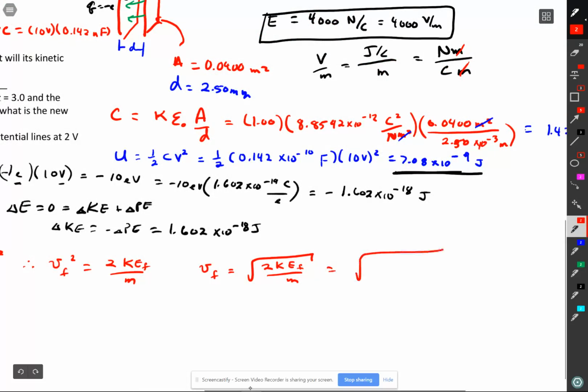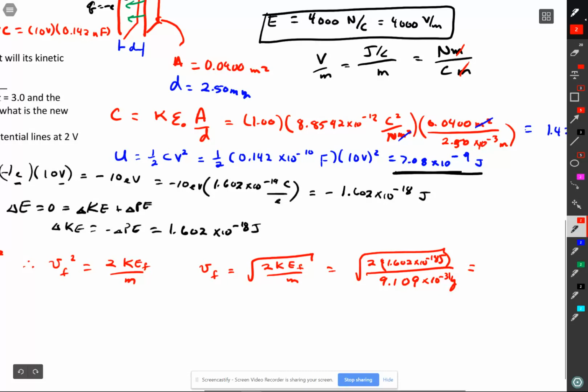So that's the square root of 2 times 1.602 times 10 to the minus 18 joules divided by 9.109 times 10 to the minus 31 kilograms.